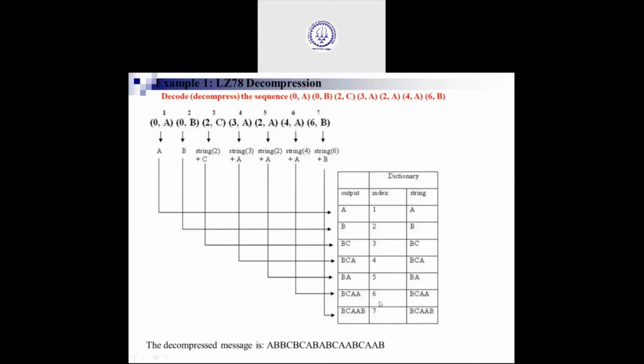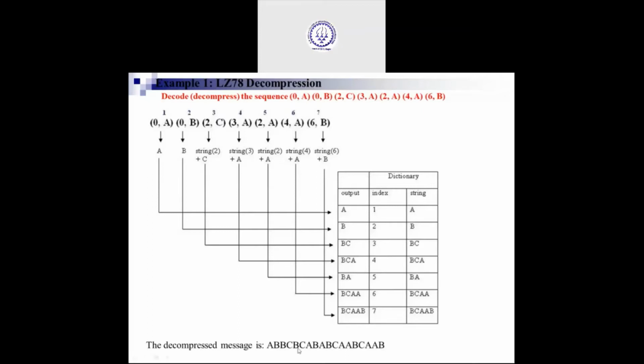So this BCAA will be directly copied down here, and BCAAB is my output. If I take all these output strings together, I can regenerate my original message, A, B, BC, BCA, BA, BCAA, BCAAB, which I transmitted from the transmitter end.